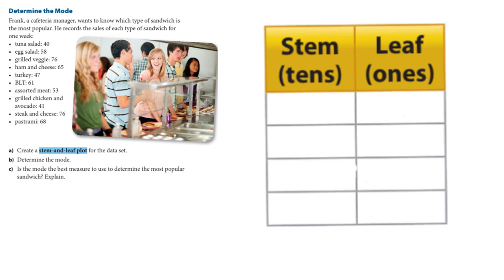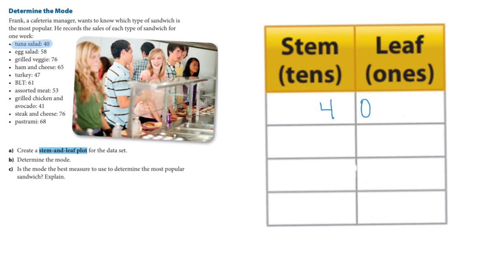So let's create our own stem and leaf plot for this data. So let's look at tuna salad first. Tuna salad is 40. So the 4 would go in the stems column. So we'll put 4 in the stems column and 0 in the leaves column. Okay.